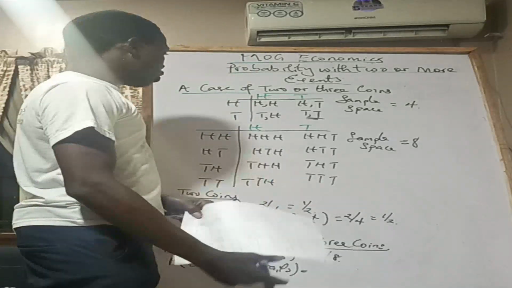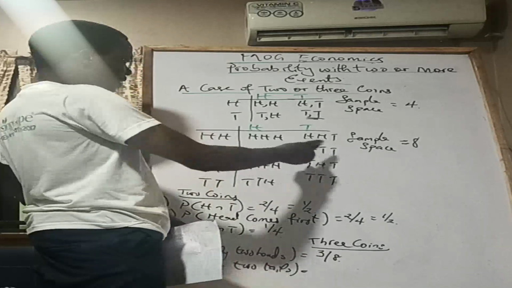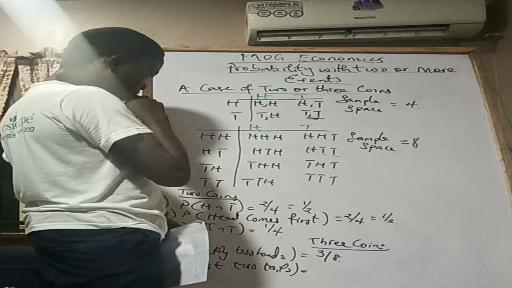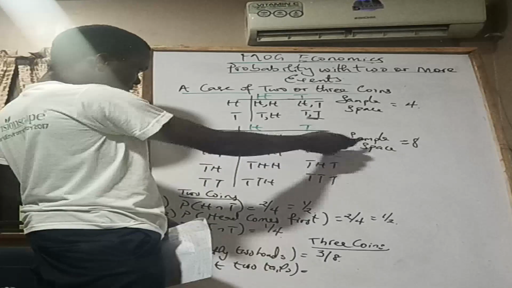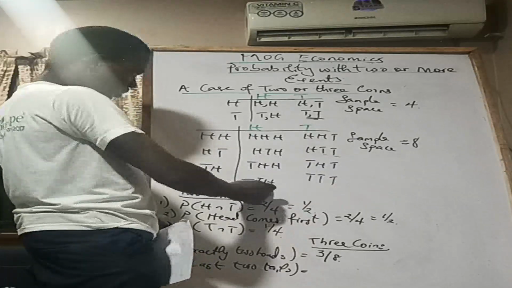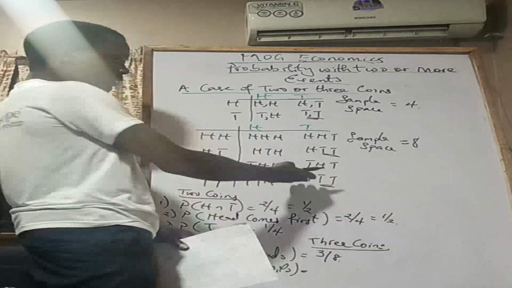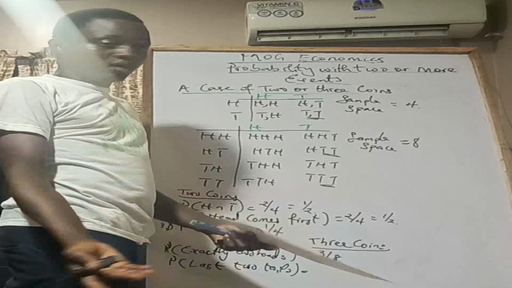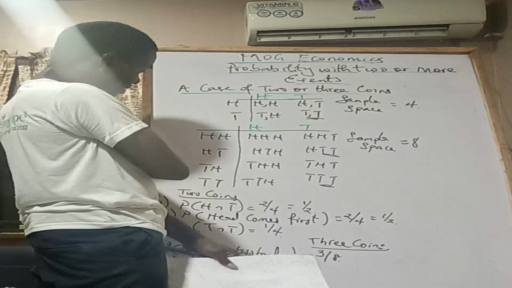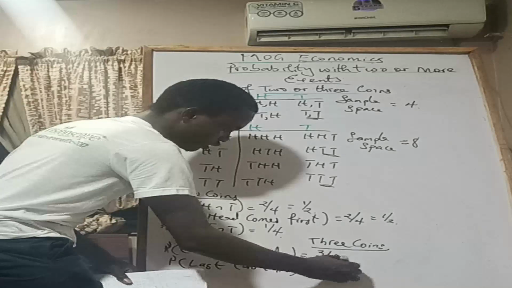We have here the last 2 tosses comes up tail, and then this. Even though this has 3 tails, at least the last 2 tosses came up tail. So you have this one and this one. Am I missing something? If I'm not, that's just 2 over 8, which equals 1 over 4.